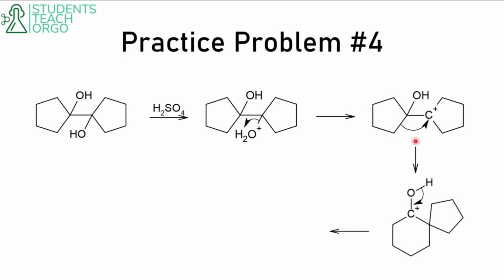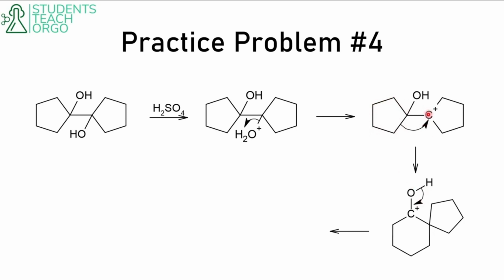Just to help you visualize a little better, this carbon right here is analogous to this one, right? Because now this carbon is forming at the intersection of the 5-member ring that is already existing and the newly forming 6-member ring, between these 6 carbons here.